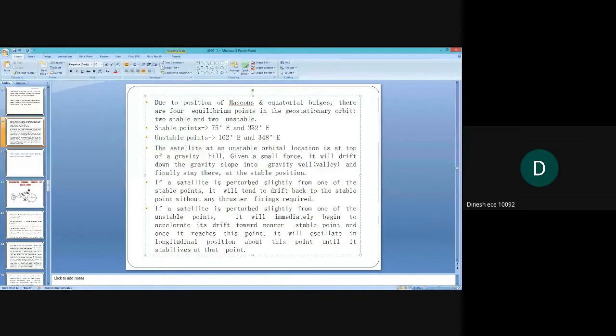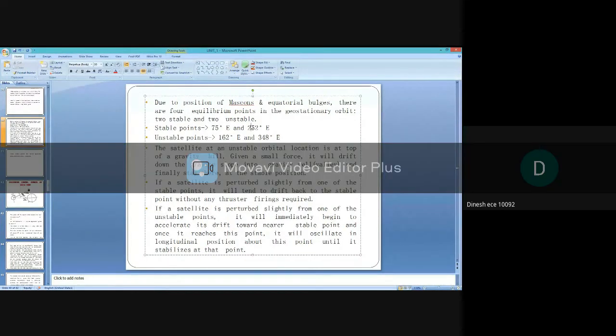The points where the mascons or equatorial bulges lead to stable positioning are 75-degree east and 252-degree east. The unstable points are 162-degree east and 348-degree east.